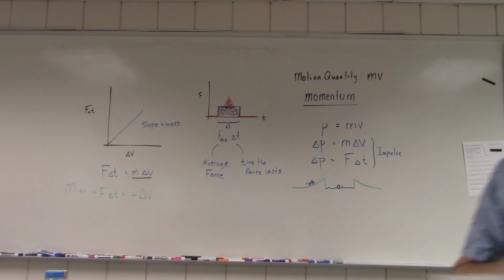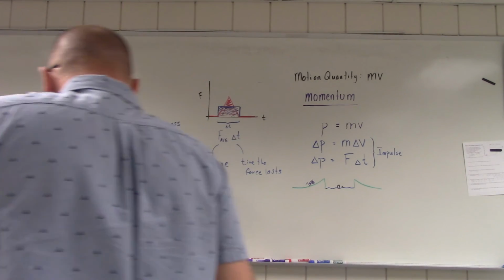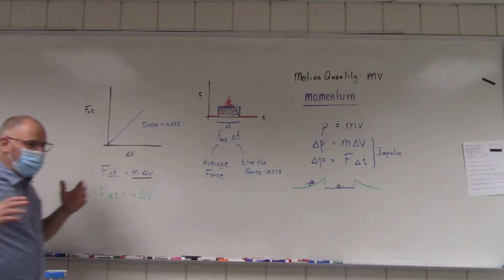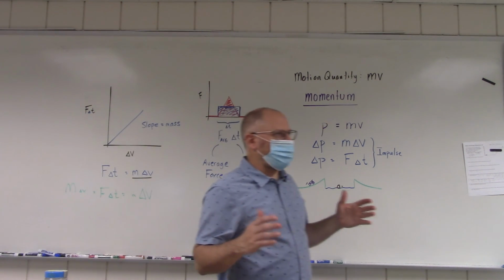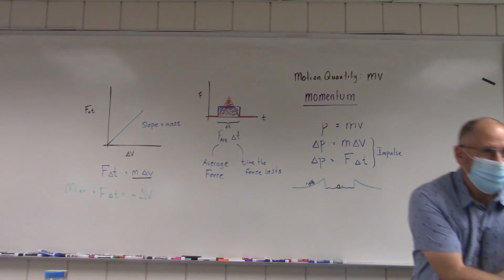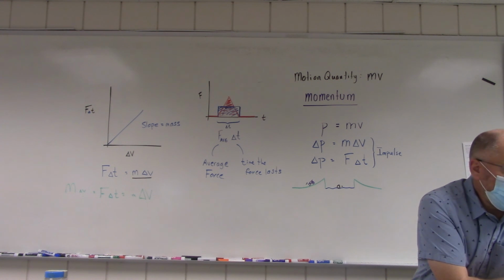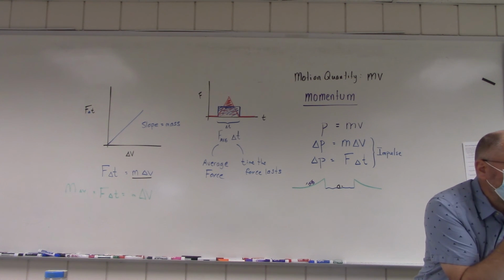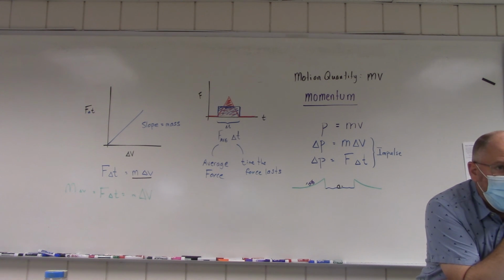Momentum is such a great understanding of objects. Like, could a baseball and a bowling ball ever have the same momentum? They can. What has to be true? The speed. So the baseball, because it's so much less massive, would have to be moving so much faster.